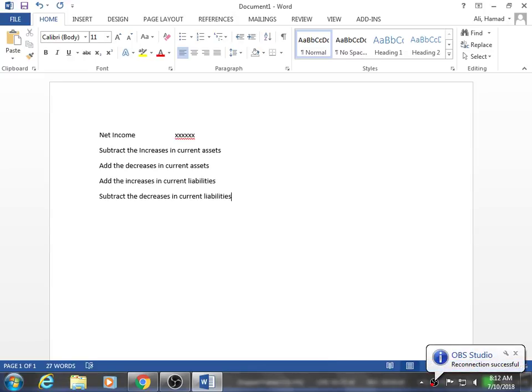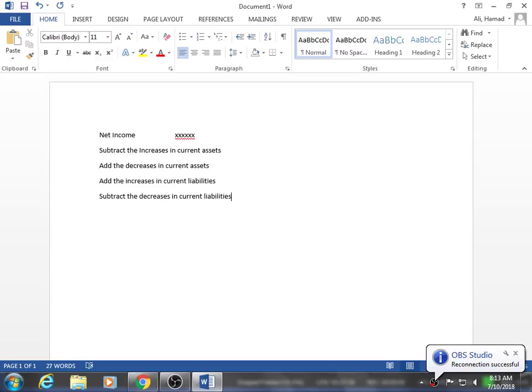So again, number one, we look at the items of the income statement. Number two, we look at changes in current assets and current liabilities. That will give us cash flow from operating activities. So in this case, we adjusted this 16,000 and it became how much? 30,000. Imagine that we had a net income of 16,000 on accrual basis, but when we changed it into cash, that net income became 30,000.